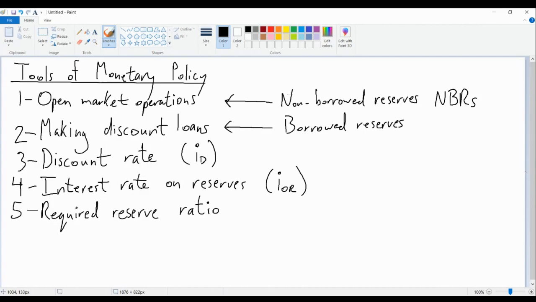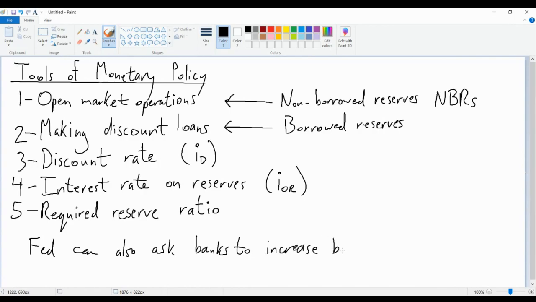I guess before moving on, I should say that the Fed has other tools at its disposal. For example, the Fed can also ask banks to increase bank capital, right?